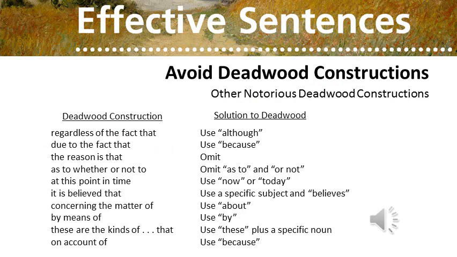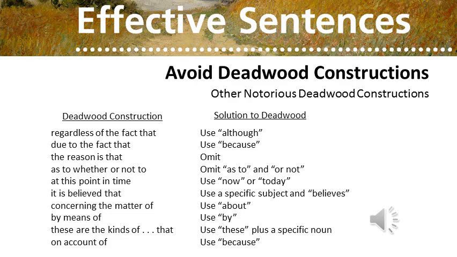Here are some other examples of deadwood constructions that are commonly used by a variety of writers that you want to avoid in your own writing, and the solutions. Regardless of the fact that can be handled simply with although. Due to the fact that can be handled with because.